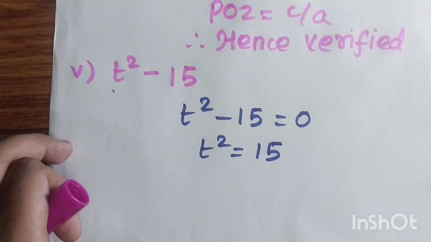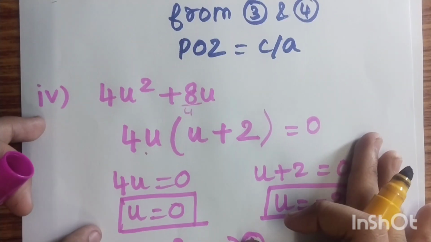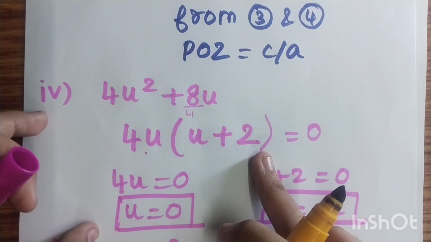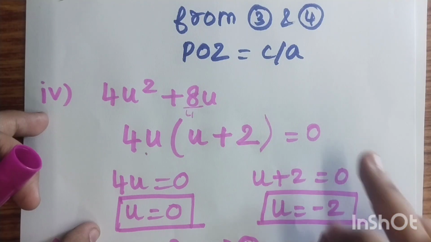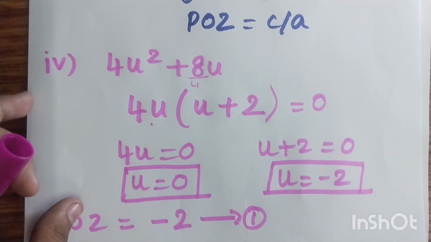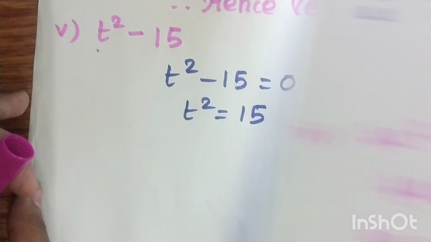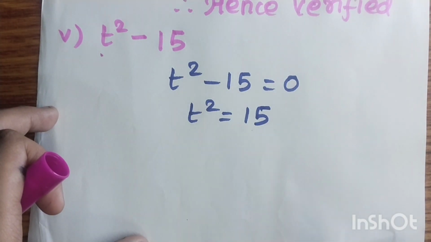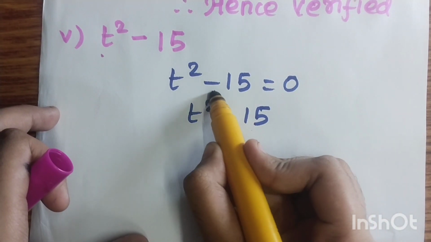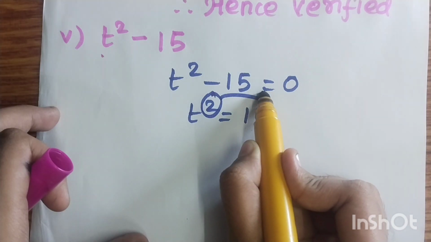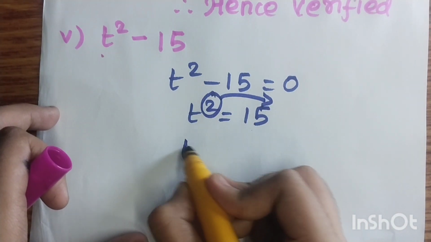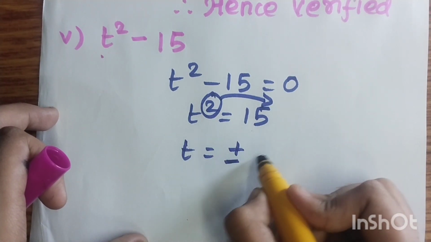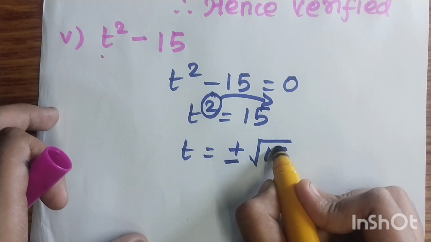In the previous sum, we took the common factor out and equated to 0, right? Our main aim is to find the values of t, which are the zeros of the polynomial. Same here, I have to get the two values for t. So I can shift this square to the RHS. So t is equal to plus or minus root 15.